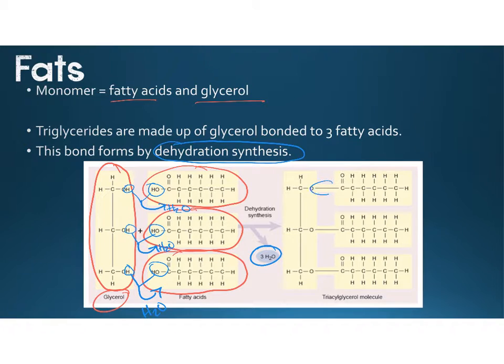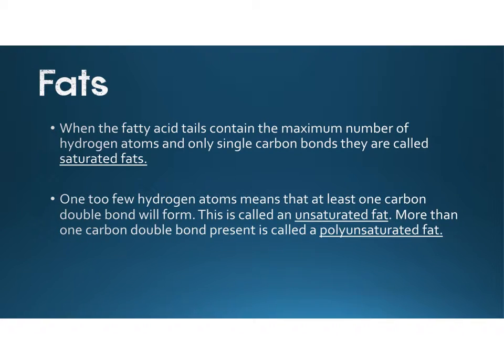Okay, so you see these bonds here that have been formed due to the removal of these 3 water molecules. 1, 2, 3. So if you look back at the slide that we just finished, when we built that fat molecule, we had that vertical glycerol molecule. And then coming off of that molecule, once we created the fat, we had these 3 fatty acid tails that kind of came off of that molecule.